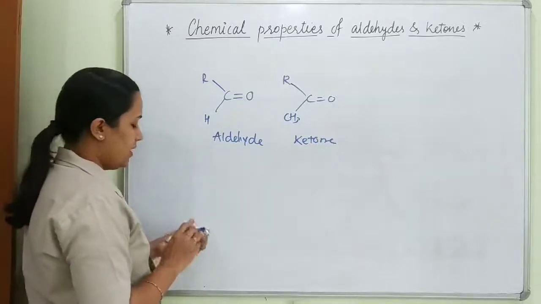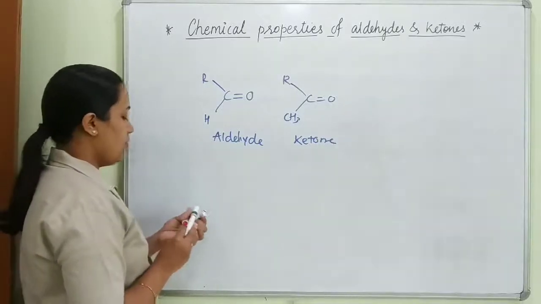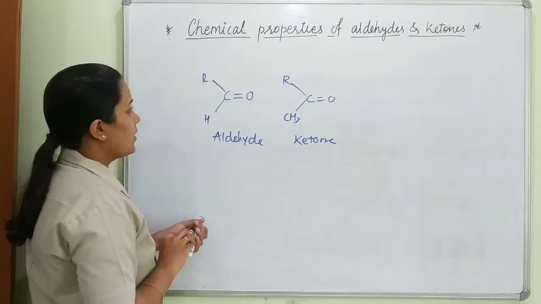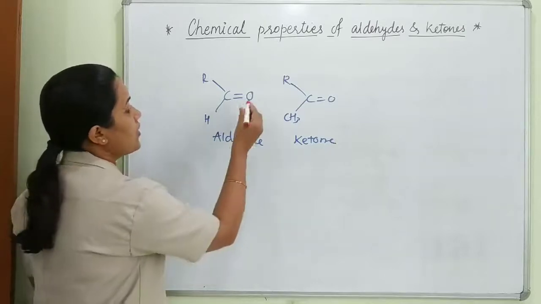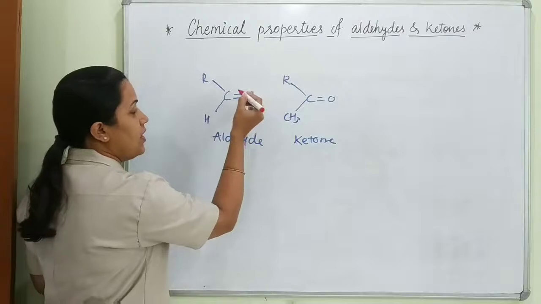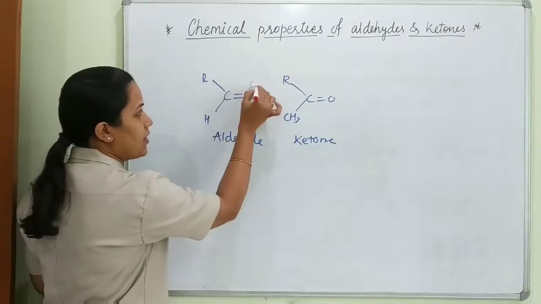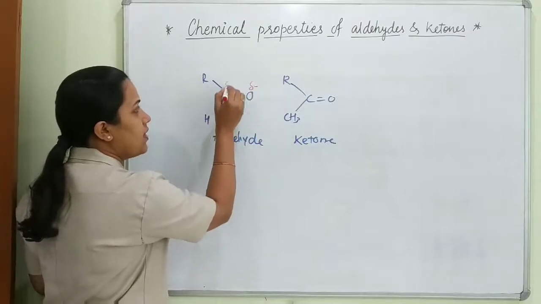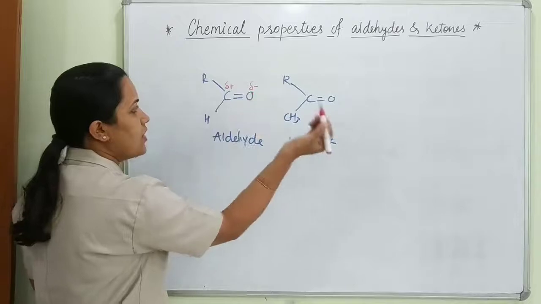Now let's see that in this structure, oxygen is electronegative in nature. That's why oxygen will acquire a partial negative charge and this carbon will acquire a partial positive charge.